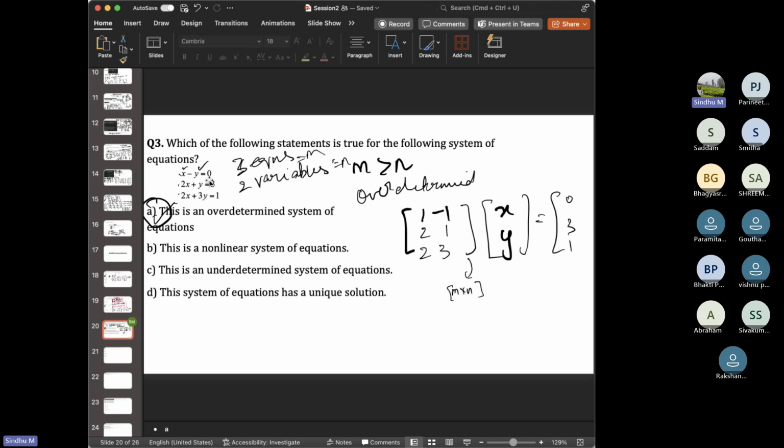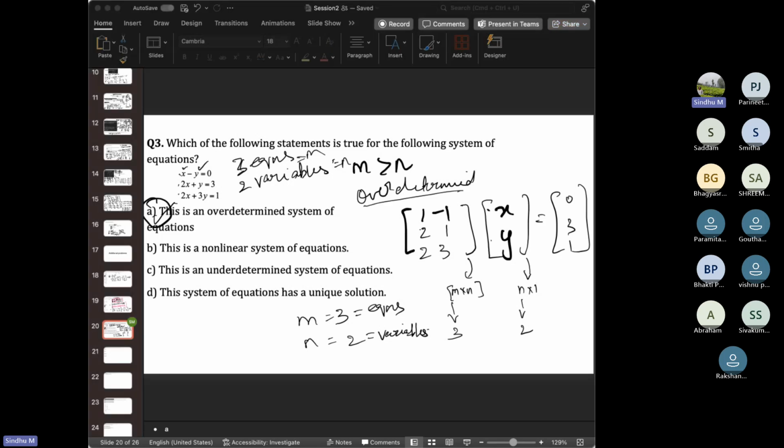So n is 2 rows, and here there are 1, 2, 3 rows. So m is 3. Another way to get m and n is just: m is the number of equations, and n is the number of variables. And m is greater than n, so it's an overdetermined system. So option A is correct. Does anybody have any doubts, or can we go to the next one?